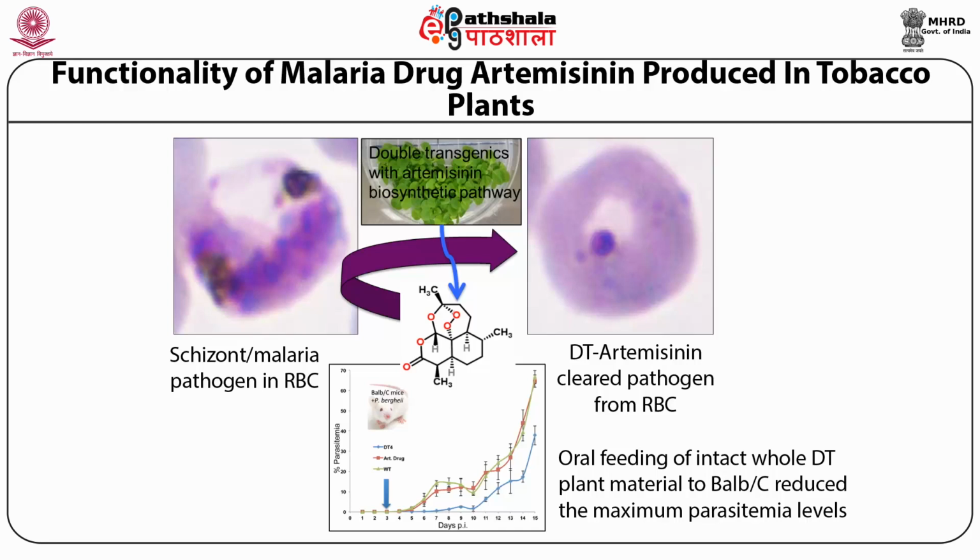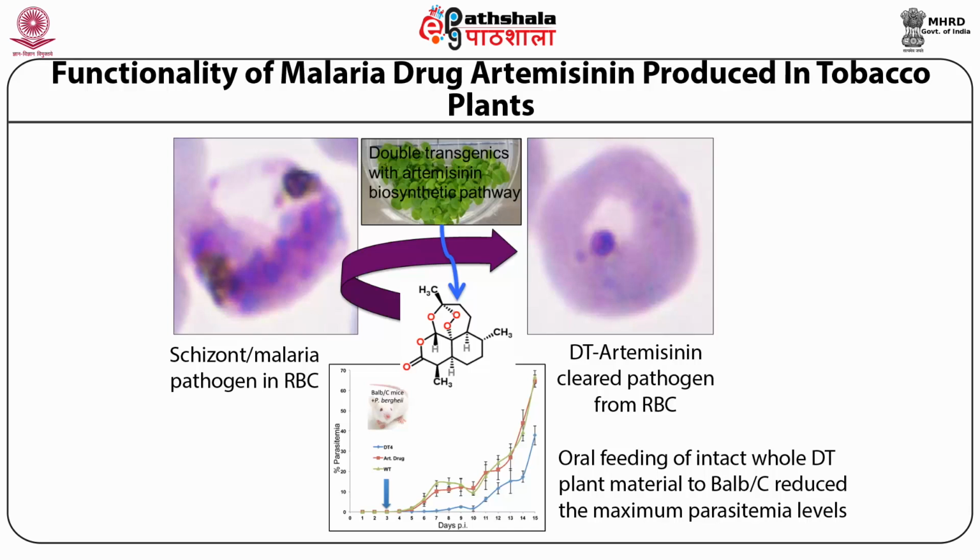When we use the extract of our double transgenic plant, with the artemisinin drug, it reduced this ring stage to just a dot. So Plasmodium is not able to survive because of this plant extract. This way we showed the drug we have produced in plants is functional, and this confirmation was further done by oral feeding to mice also.